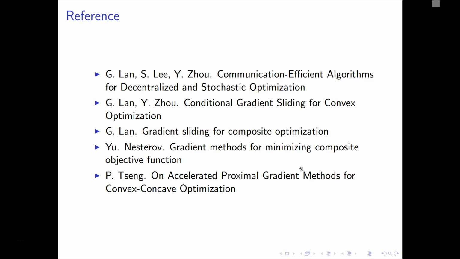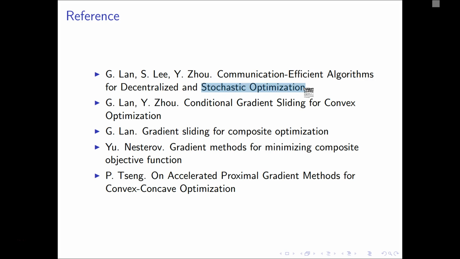So finally, some references here. We mainly talked about these two: communication efficient algorithms for decentralized and stochastic optimization. The stochastic part, which I didn't mention in this talk, is that Professor Lan also applies stochastic gradient descent to the gradient sliding and gets better results than the usual one, as expected.